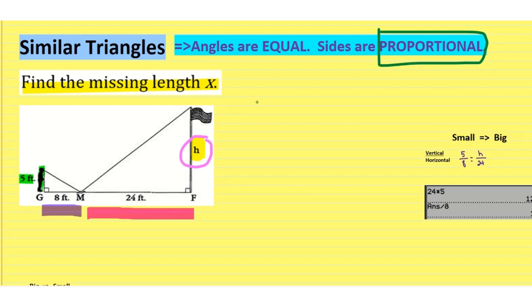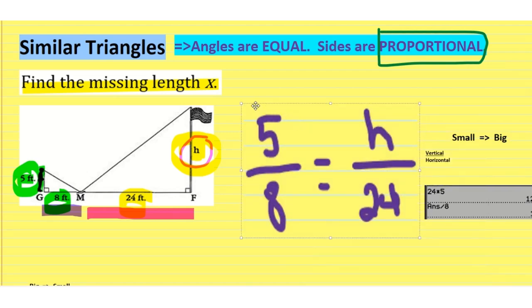So we're going to compare the man's height to the man's shadow first, and then we will set up another ratio. It will be the height of the flagpole related to its shadow. So I've already written it up for us over here.